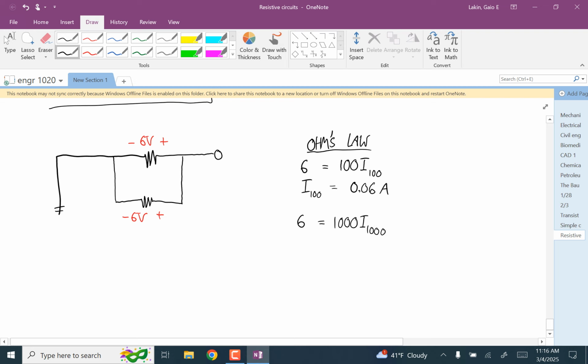Do the algebra, and you get that I1000 is equal to 6 over 1000, so 0.006 amps.